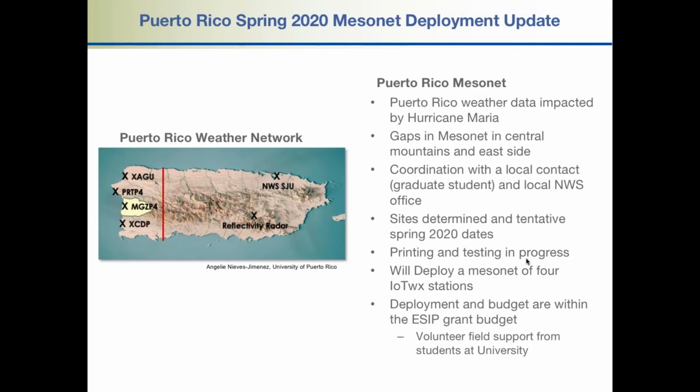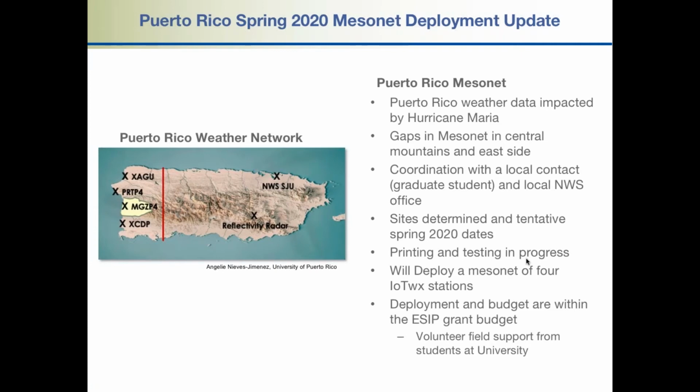One of her projects, her graduate study, was on doing mesoscale modeling of Puerto Rico. And obviously there's a huge amount of topography here. There's mountains all along the middle, and the gaps in the mesonets aren't very helpful for understanding mesoscale effects, especially when it comes to hurricanes and other storms that come through there.